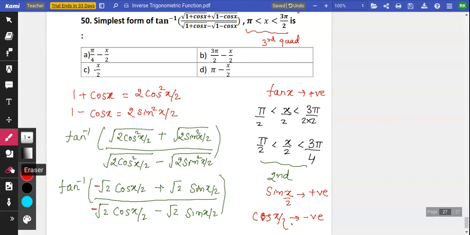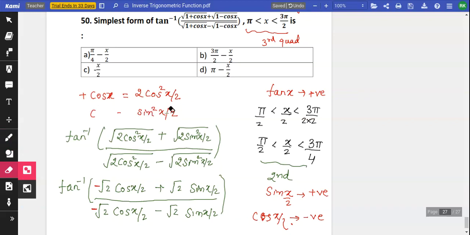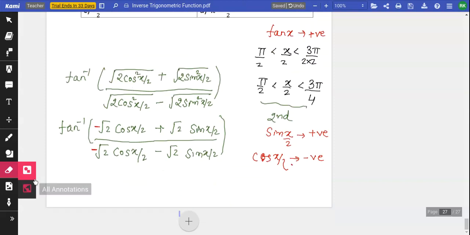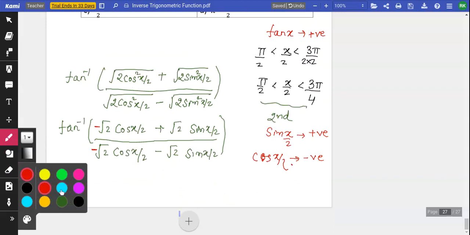Now we solve this question by erasing this formula part. It becomes tan inverse.